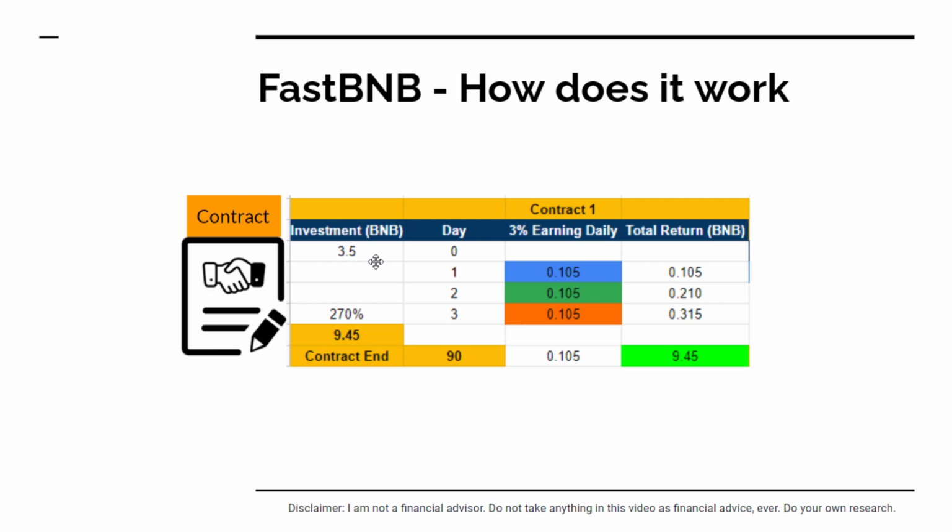And when that is gone, that money is gone, you're just going to get some return back. And this is the effect of compounding. Next day, you do 0.105, then that's a new contract. So assume every deposit is a new contract valid for 90 days, and then you get 270% of that. That would be the effect of compounding here.